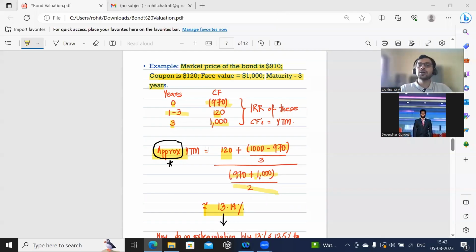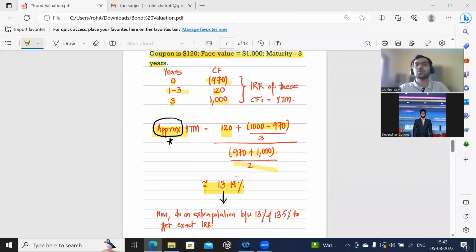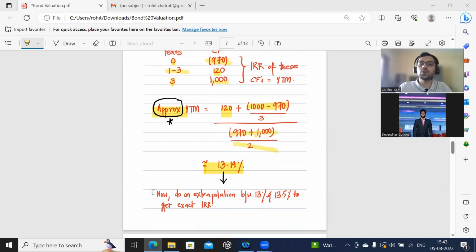Now, this is to calculate the exact YTM. What we are going to do is now an extrapolation. You know that the return has to lie in the range of 13 and 14 or 13 and 13.5. You could have taken either 13 and 14 or 13 and 13.5. Given that you know this is the approximate YTM, I can conclude that the return will probably lie between 13 and 13.5 percentage or 13 and 14 percentage.